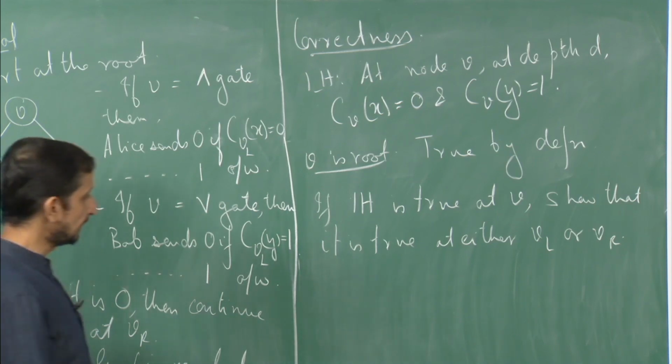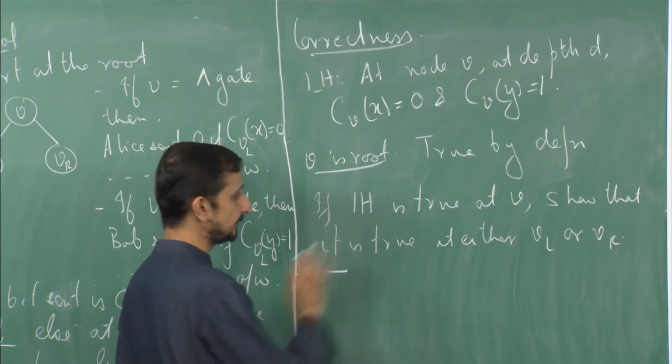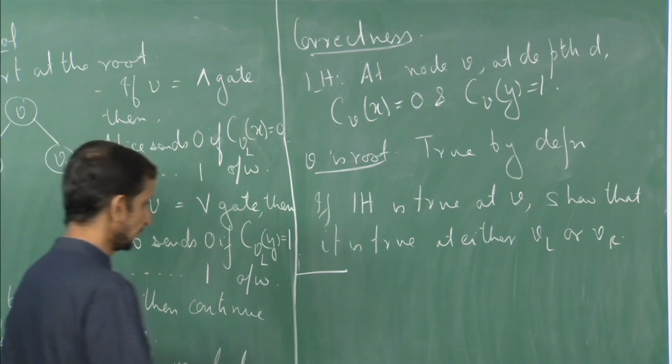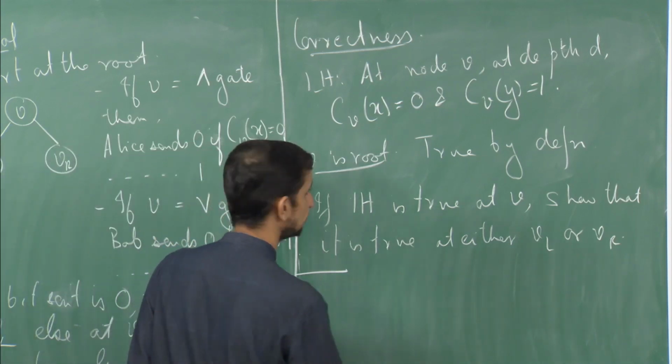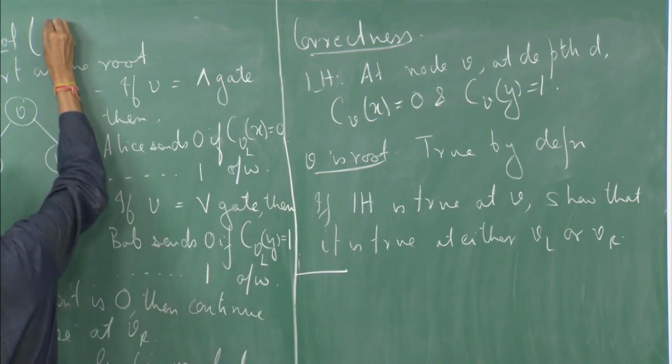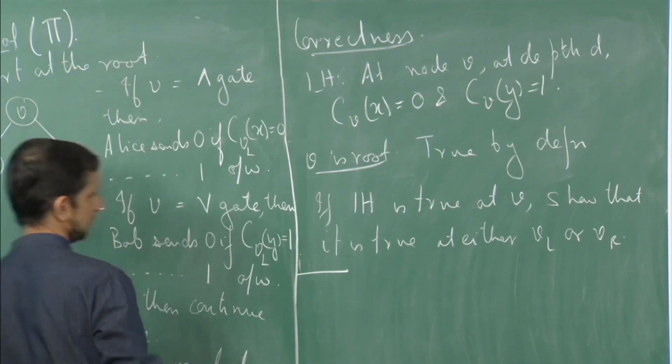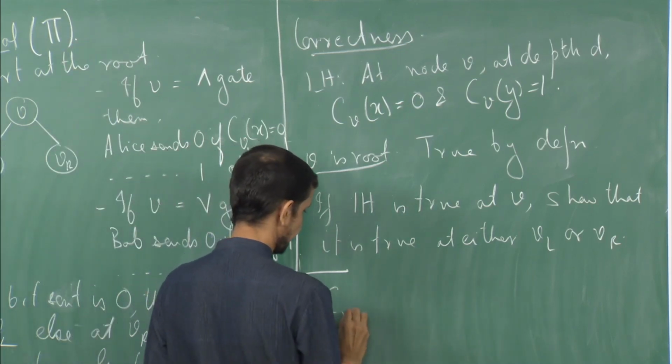Now, how many bits are communicated in this protocol? Let us give a name to this protocol. Let us call this protocol pi.